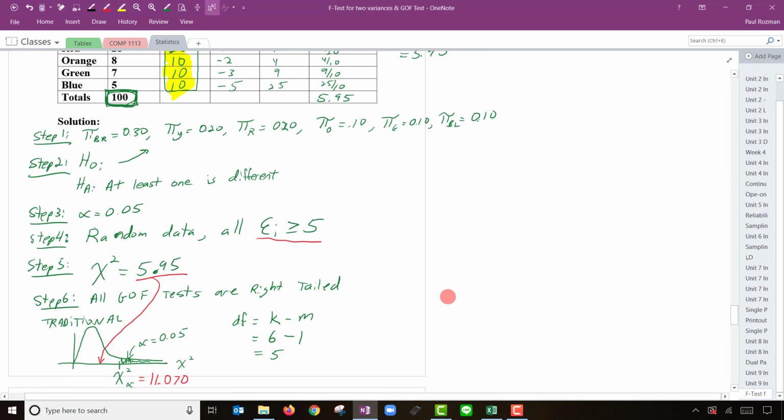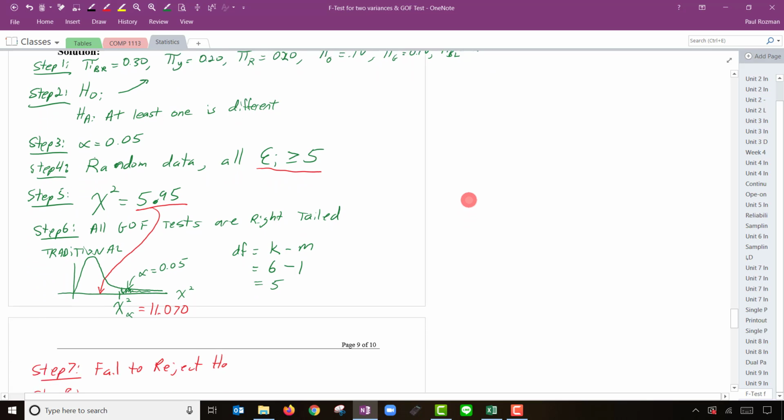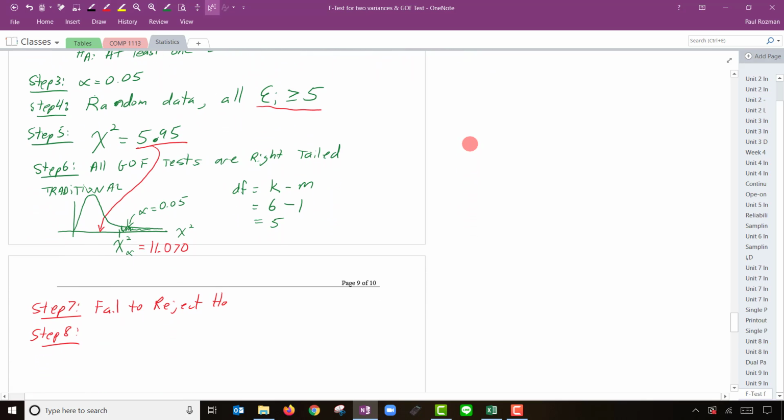The null hypothesis was the claim, and we failed to reject it. So basically, we're supporting the claim, but we have to do it in a weak way because we failed to reject. So we're going to say, we can't say they're wrong.